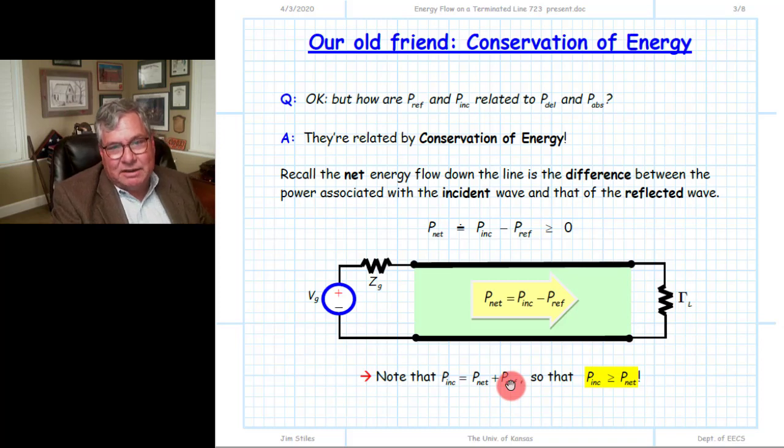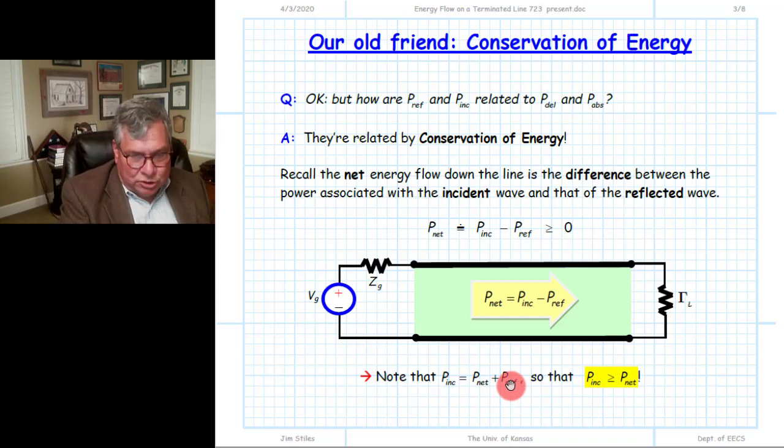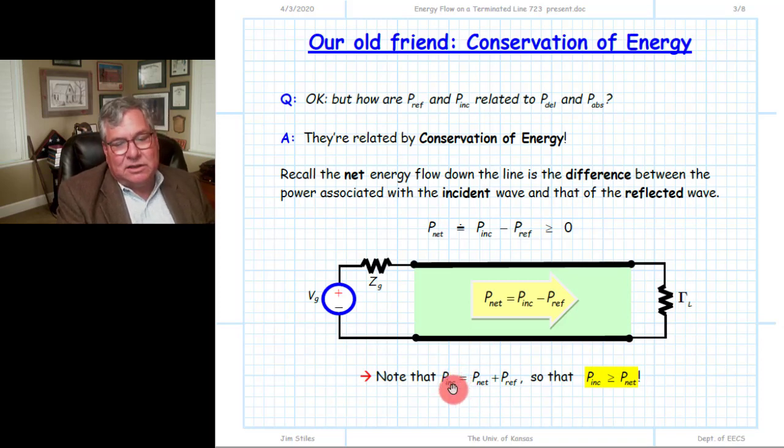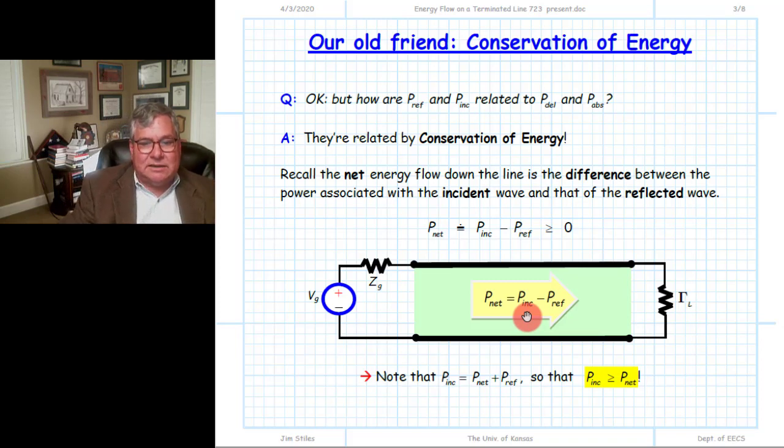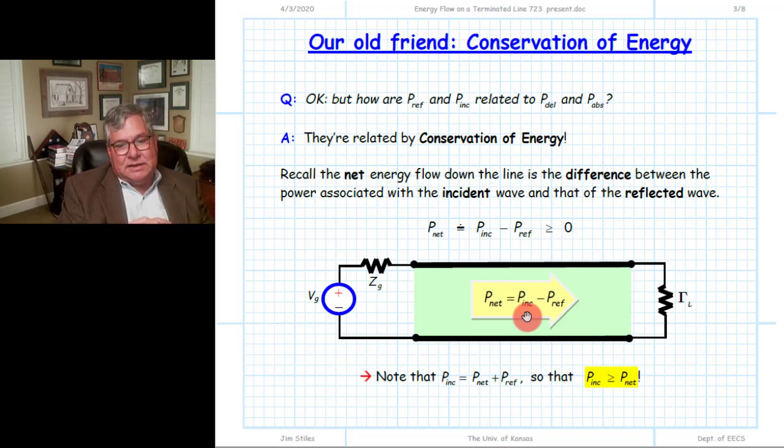When I say greater than, I mean greater than or equal to. And so again, because all these are positive, the incident is the largest, generally speaking, of the three values: the incident, the net, and the reflected. The incident is going to be the one that is larger than, or at the worst case, equal to the other two.